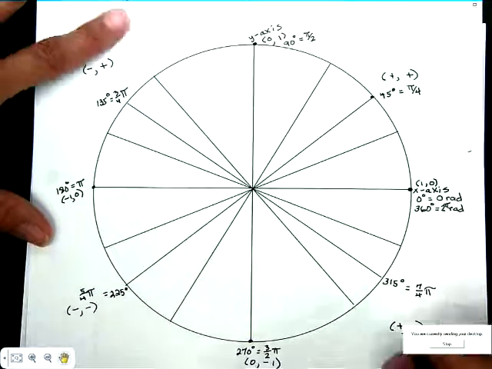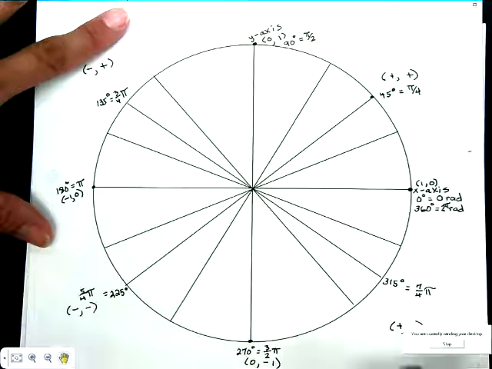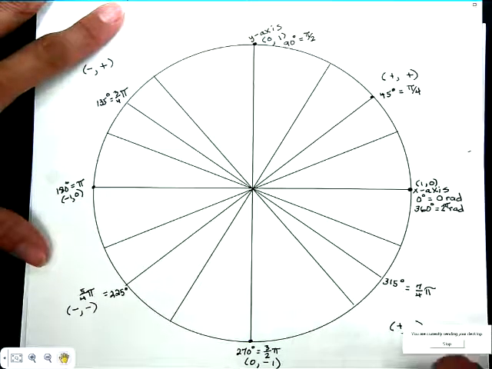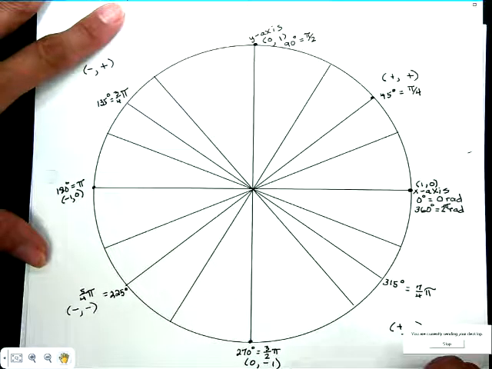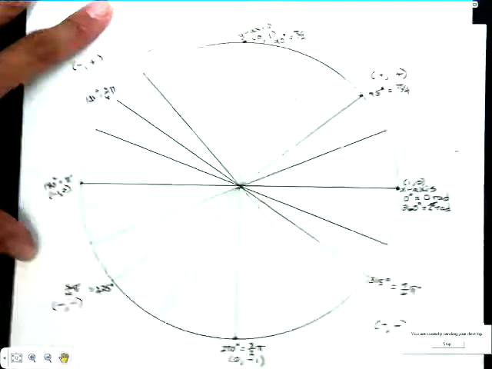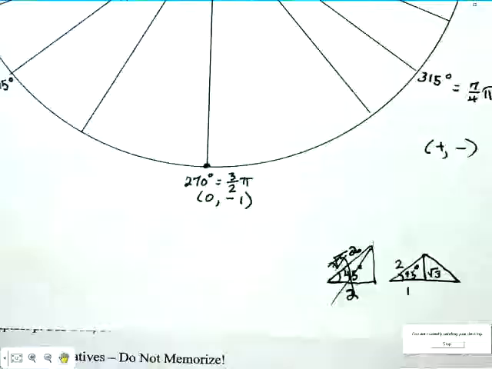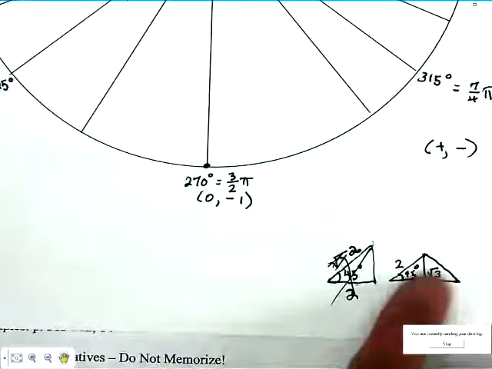Let me think, that was 1. That was 2. Well, doggone it, I'm going to have to draw the whole triangle. This is 1, this is 2, that's square root of 3. It was an equilateral triangle with all sides being 2, and we cut it in half, so that is 1, and then by the Pythagorean theorem, that altitude is square root of 3.